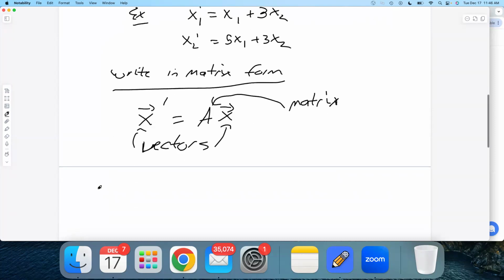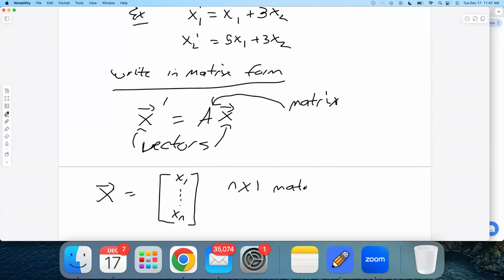Okay, so what do we mean by this vector x? That just means the vector x1 all the way down to xn. A vector in this form is just a column matrix. It's a matrix that is n by 1. Remember, with matrices, it's always rows by columns.